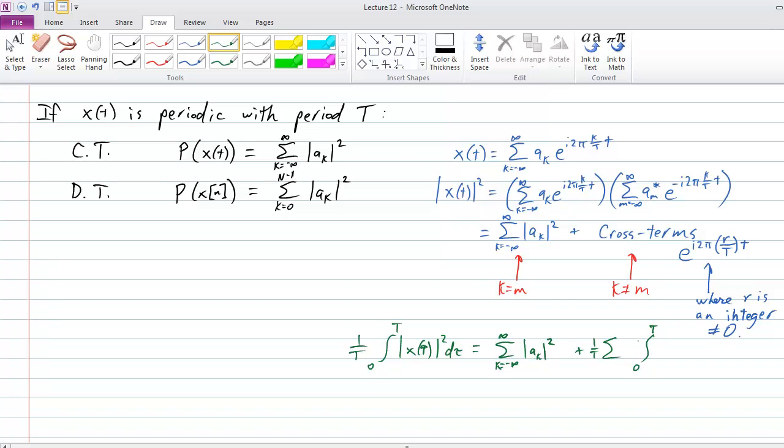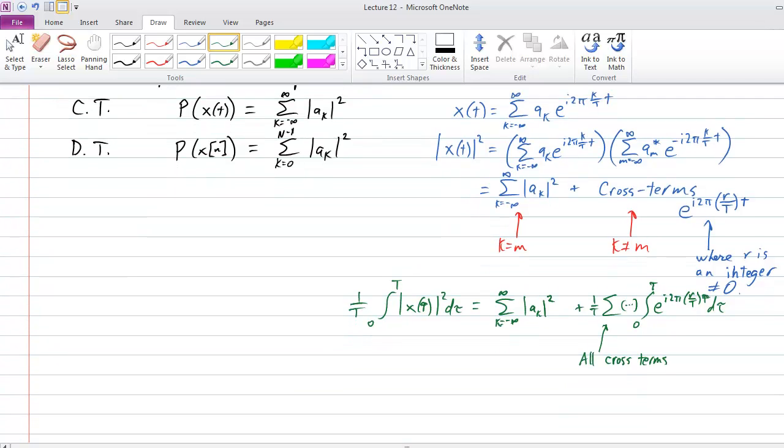This sum for all terms and all cross terms, and you're going to get something here, I won't fill it in, some constant. You're going to integrate an e to the i 2 pi r over T, tau d tau.